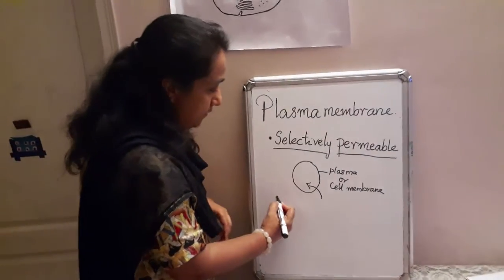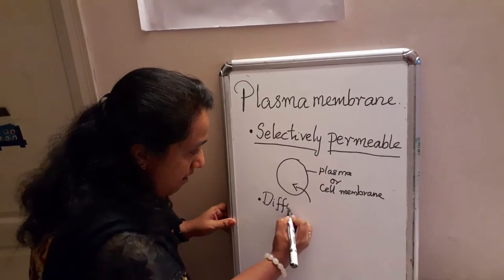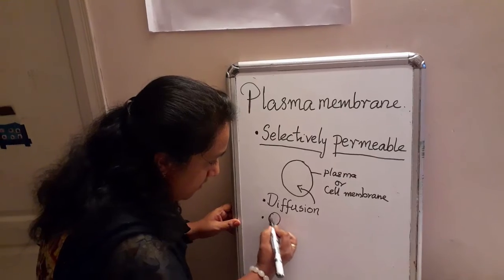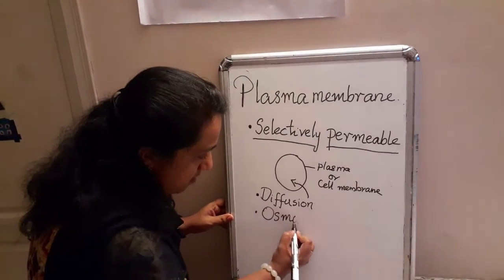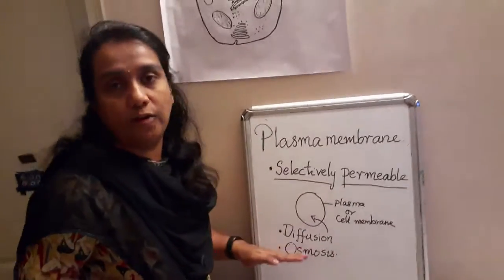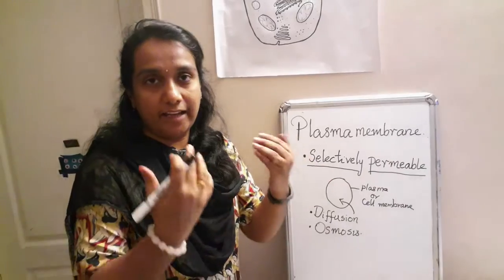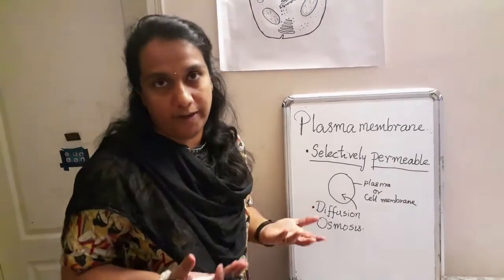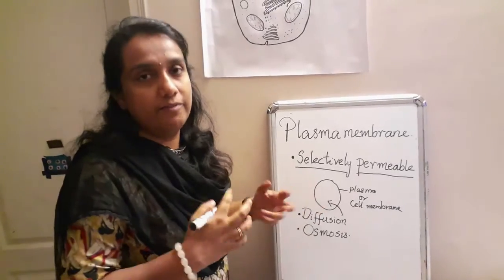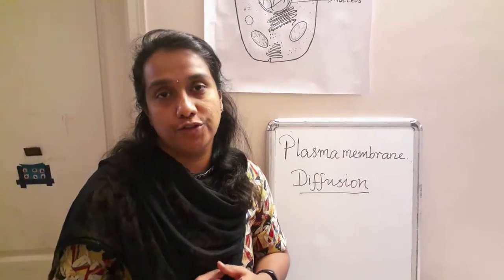Diffusion and osmosis. While we are taking oxygen inside and leaving out carbon dioxide, diffusion plays an important role, which we will see one by one. So now let us see what is diffusion.